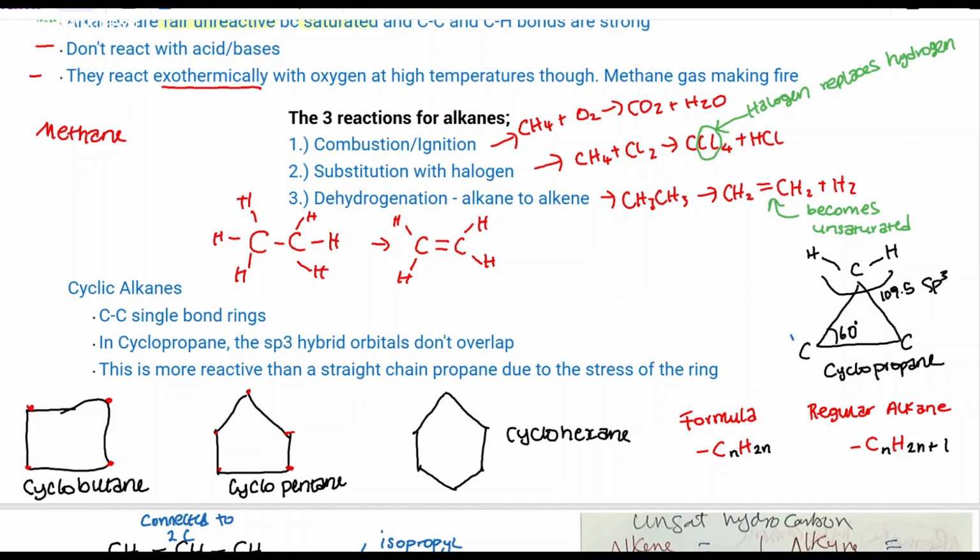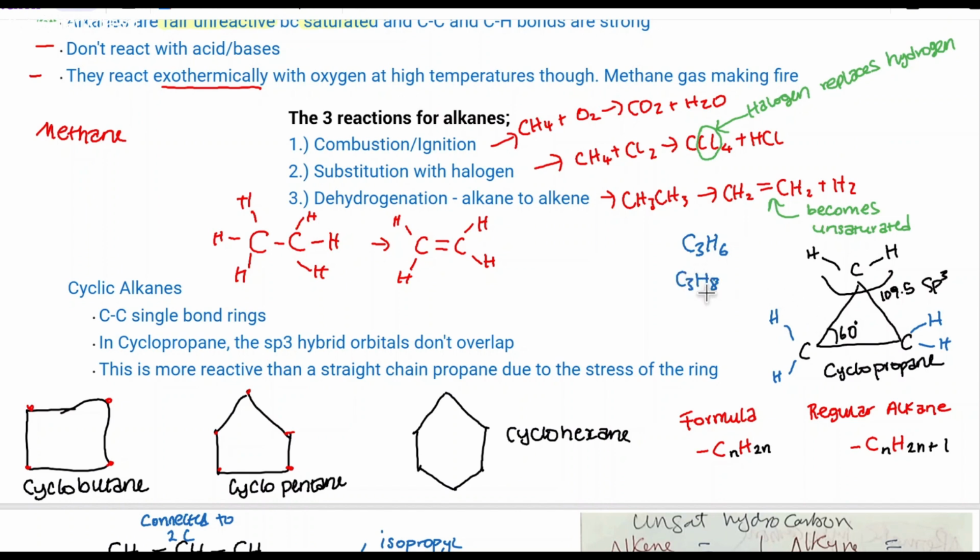So remember, all carbons have 4 bonds, so it connects here, here, 1, 2. They all have 2 hydrogens connected to them. So overall, the formula for a cyclopropane is C3, because propane means 3 carbons, and then H6. And regular propane is C3H8, like the formula earlier suggests.